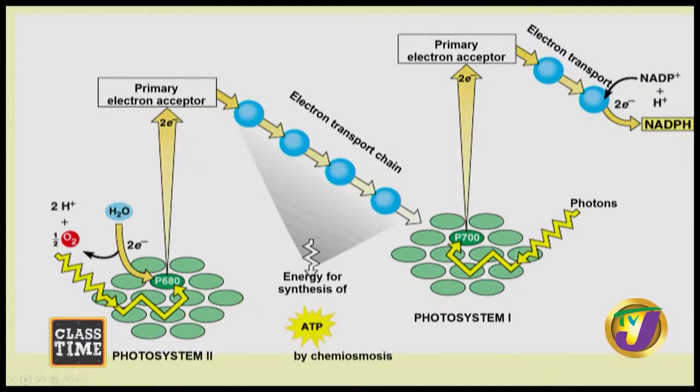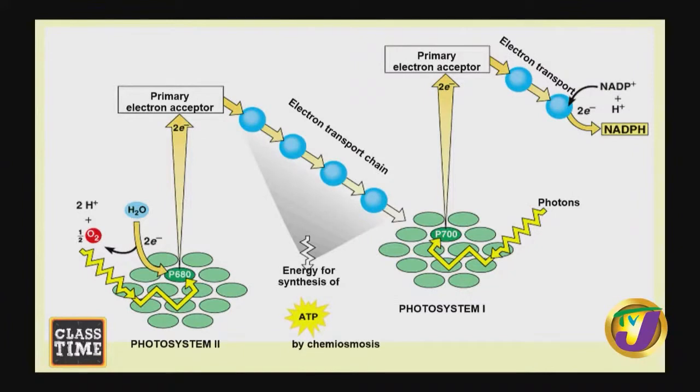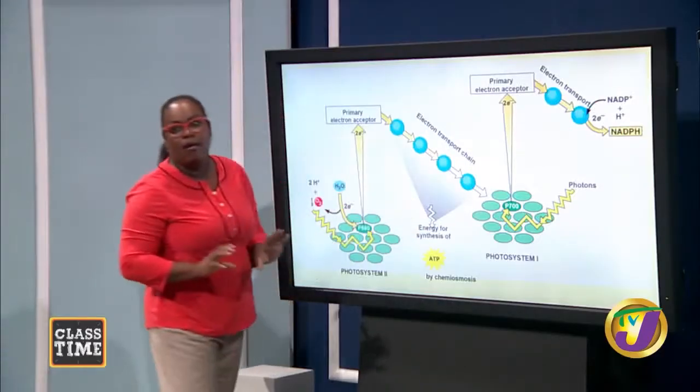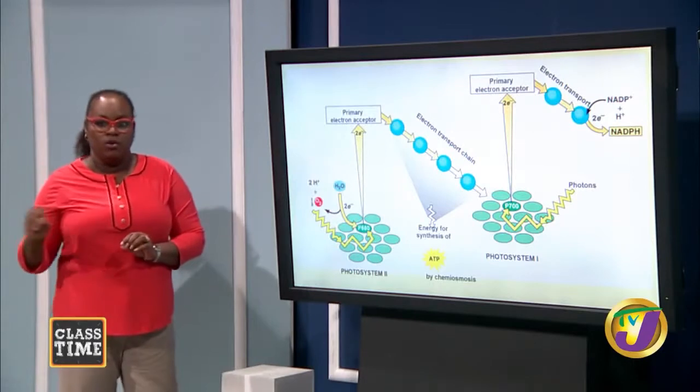Now, as I said earlier, we will be looking at the whole process of the light-dependent stage as it occurs within the photosystems on the thylakoid membrane. Remember, all of these molecules are embedded in the thylakoid membrane of the chloroplast.